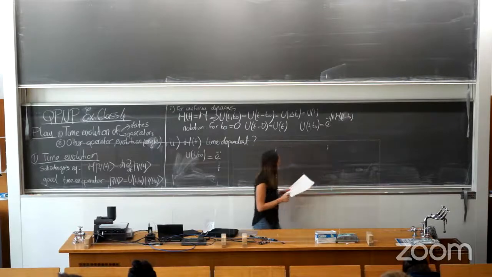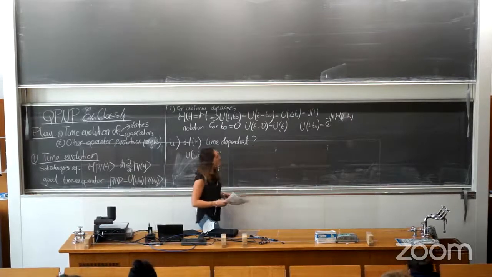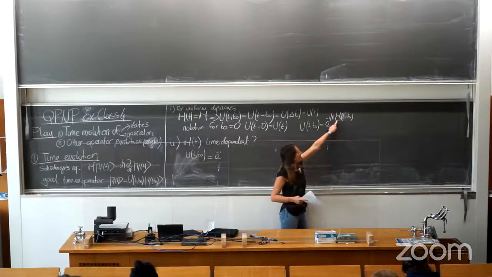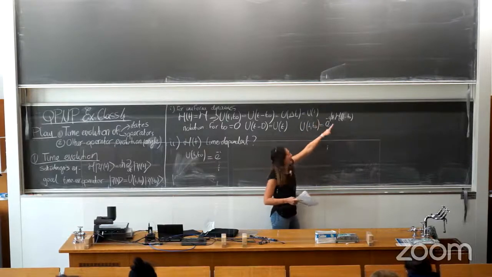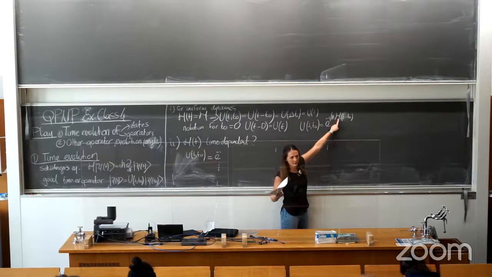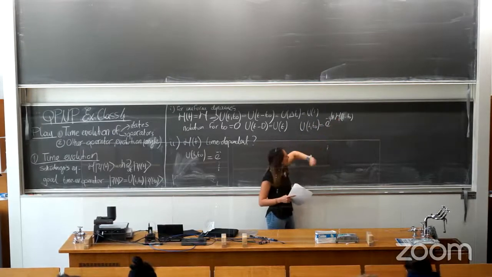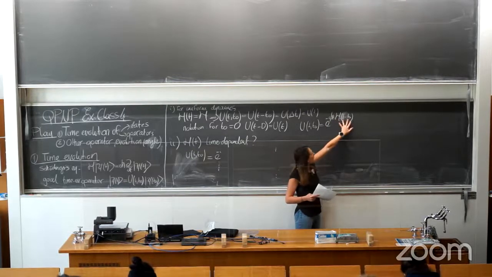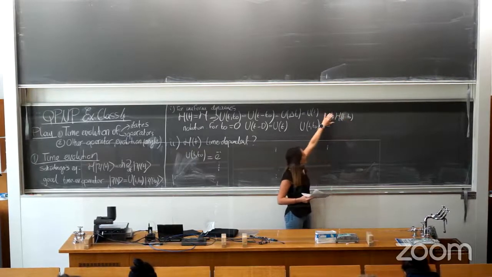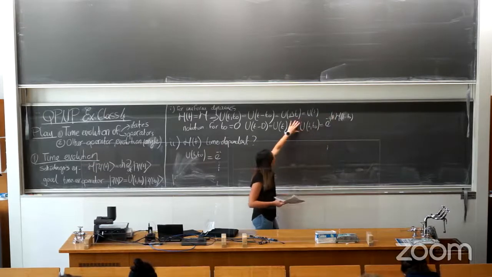So here you see how important the exponentiation of matrices is, because h is an operator. We can write it in matrix form. We multiply it by the time interval and by this constant. This is our time evolution operator.